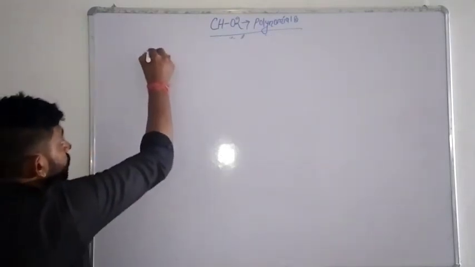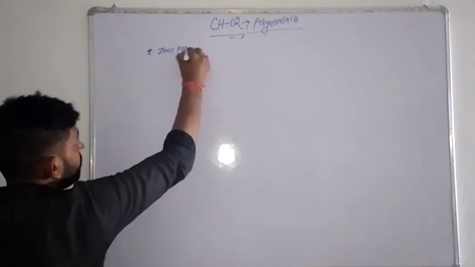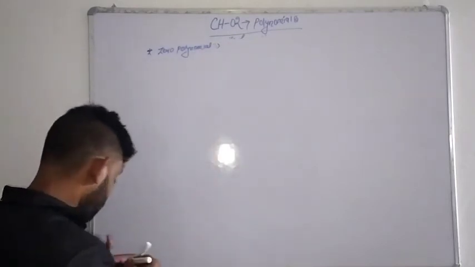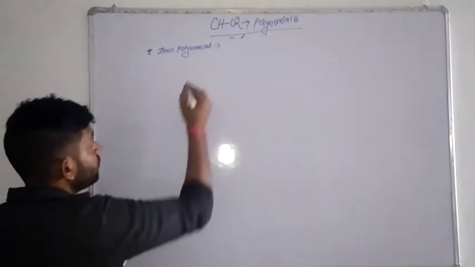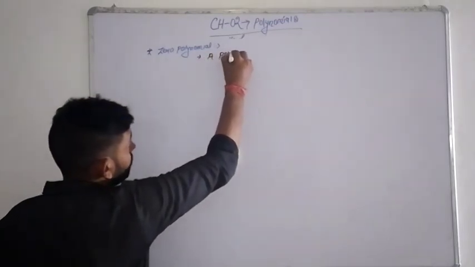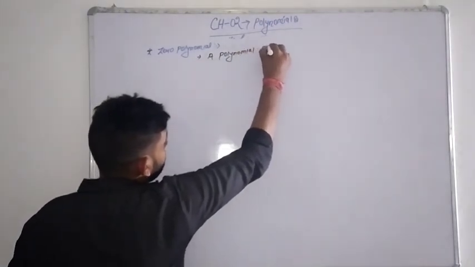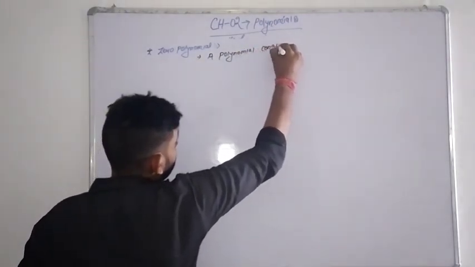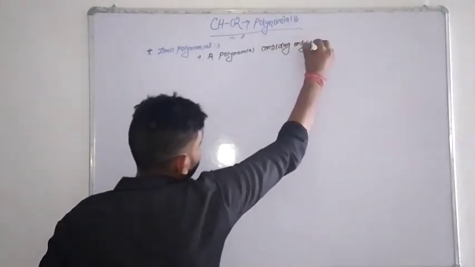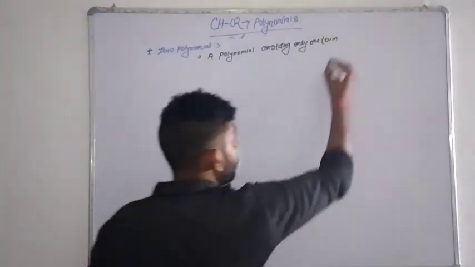Now, zero polynomial. What is a zero polynomial? A polynomial containing only one term, namely 0.